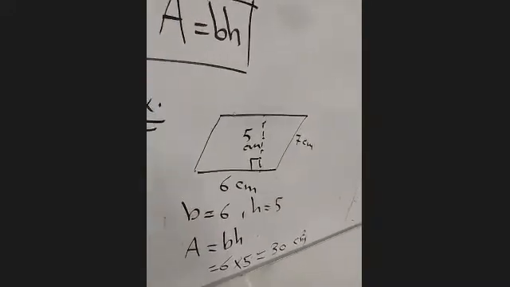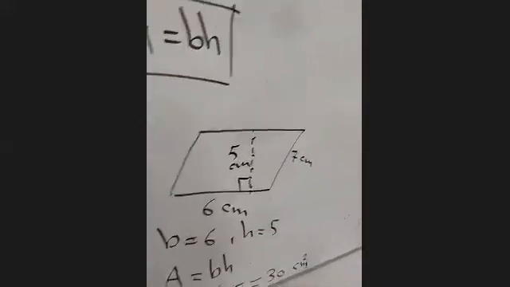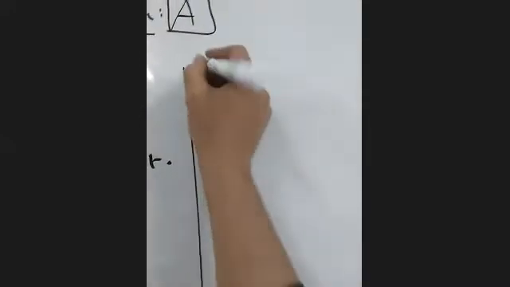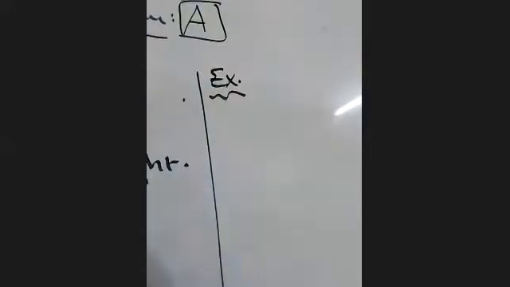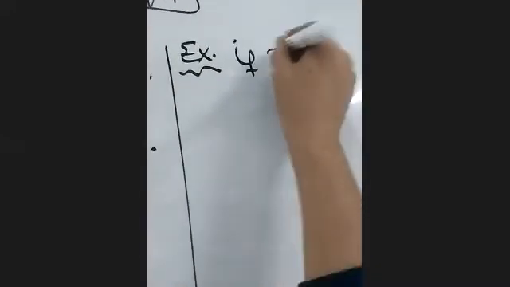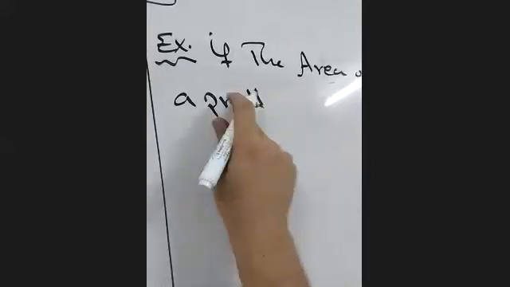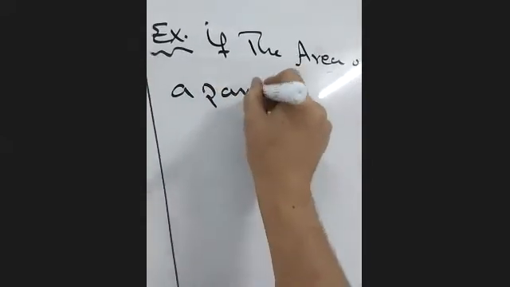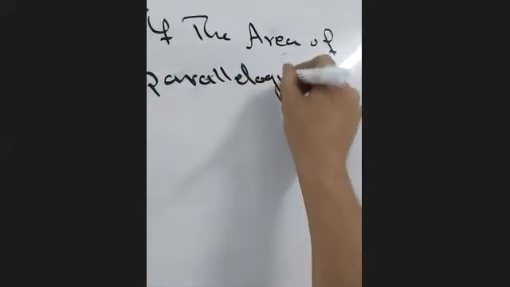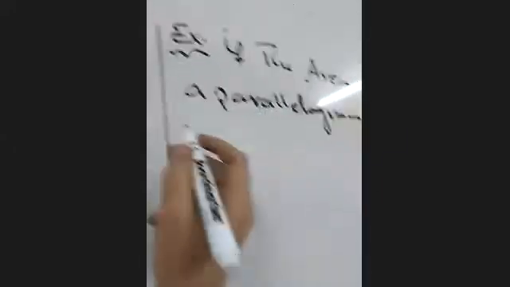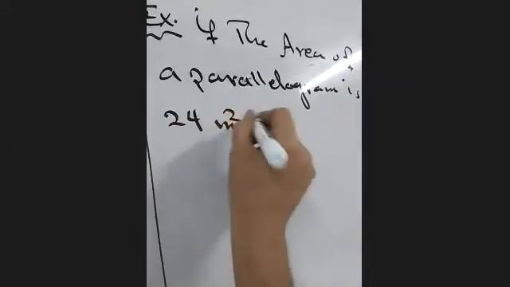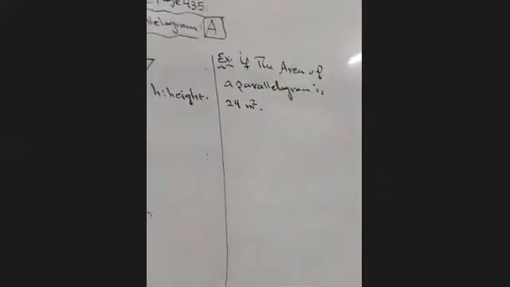Now, sometimes the question will give you the area and want from you the base or the height. For example, look here, guys, it's important. Example: if the area of a parallelogram is, let's say, 24 meter square, the area is given.